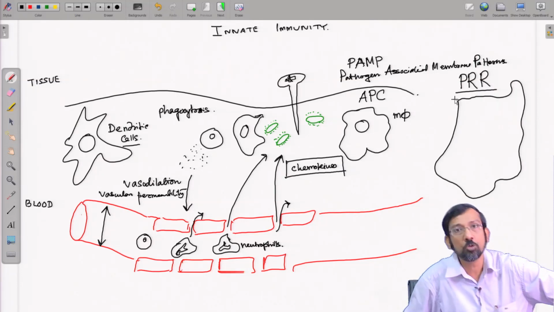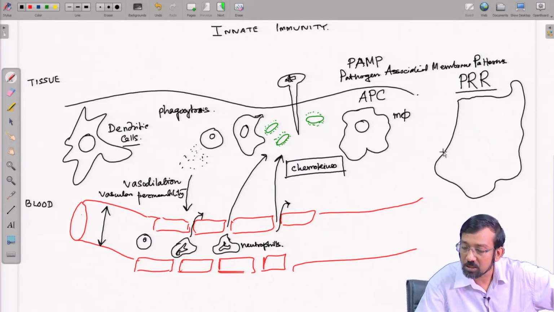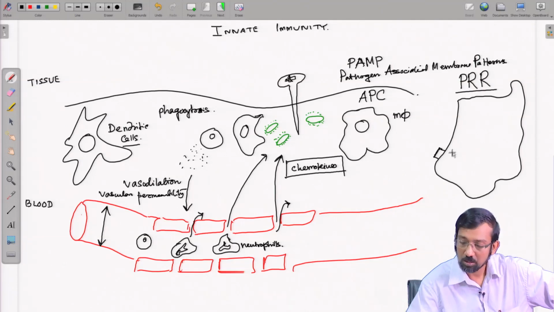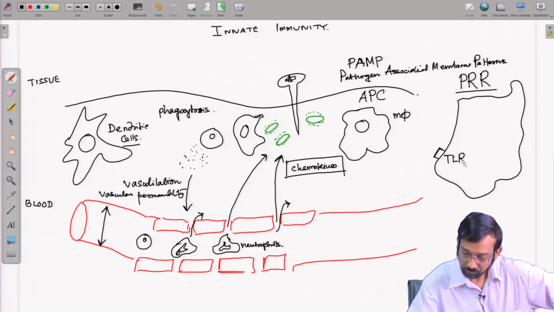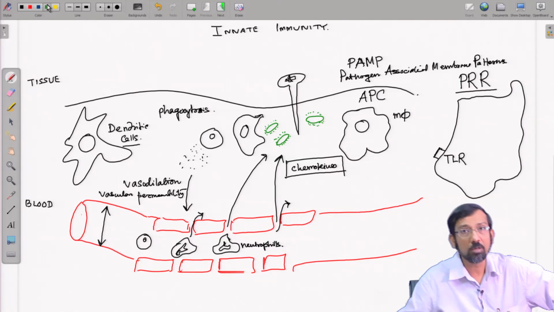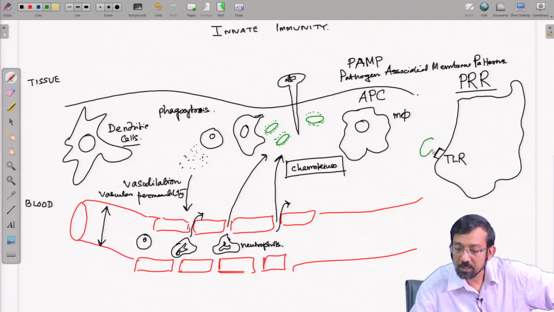Let us say this is a tissue macrophage, and this tissue macrophage expresses on its surface a specific receptor, or this PRR kind of receptor, like the toll-like receptor, the TLR. And this toll-like receptor is one of those important receptors which can recognize the PAMPs that are present on the surface of the bacteria.